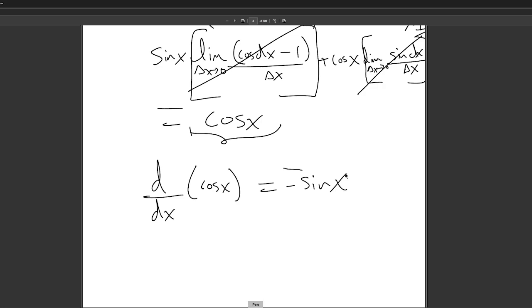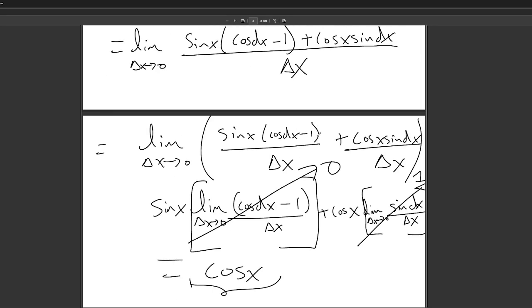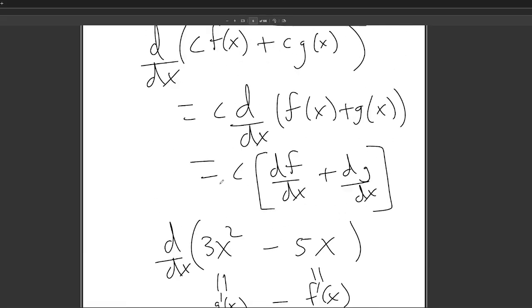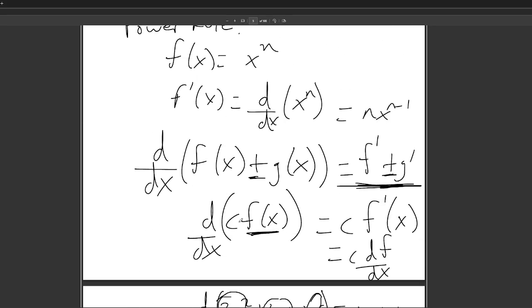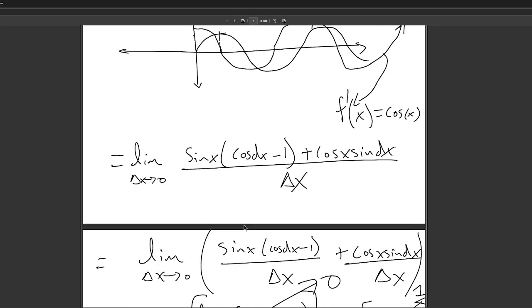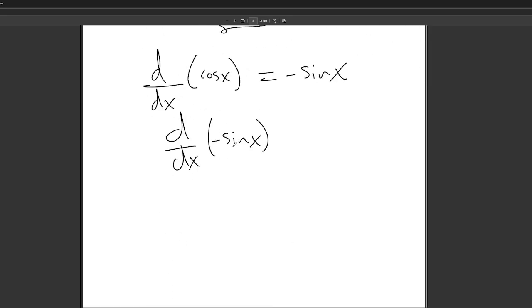Actually, you don't have to do that, since you already know the derivative of sine x is cosine x. So if I tell you to take the derivative of negative sine of x, remember from the constant rule where I can just pull out the constant, there's a negative 1 out front. I can pull that out and say negative 1 times the derivative of sine x, which is just negative cosine x.